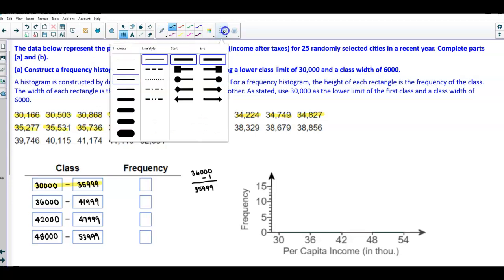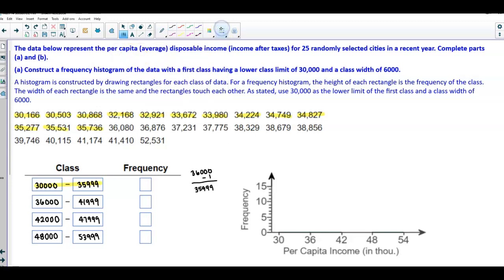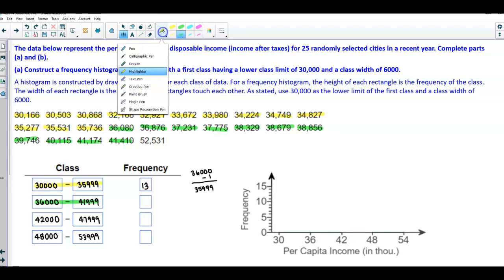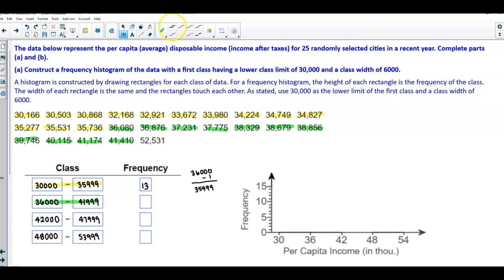So we have 13 values that fall within the first class. Then we look at the second class, which is 36,000 to 41,999. We have 1, 2, 3, 4, 5, 6, 7, 8, 9, 10, and then 11. So there are 11 values that fall within that second class.